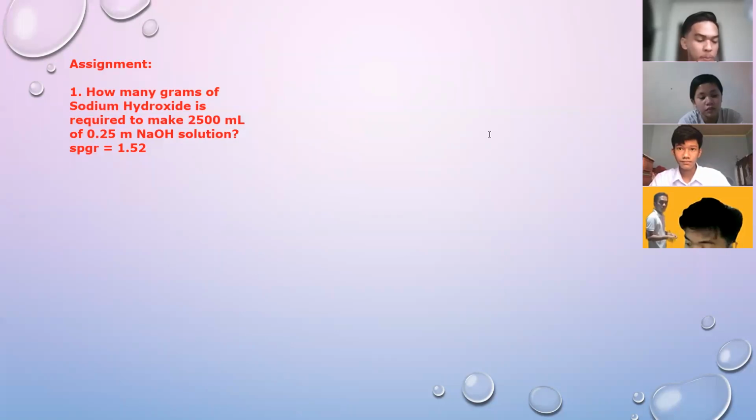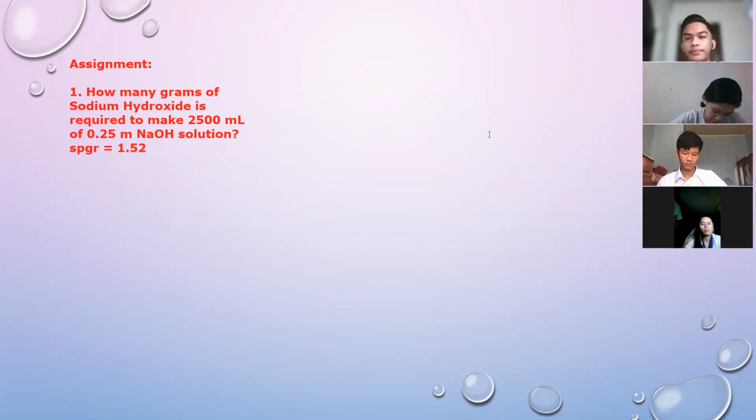Kasi sa laboratory class, you will be asked to make your own solution with the given unit or given concentration. So kung hatagan mo na, dapat ang inyong buhaton 0.25 molal na sodium hydroxide and dapat ang volume niya 2,500 ml, you should know gaano karaming sodium hydroxide in grams ang gagamitin ninyo para mabuo nyo yung solution.